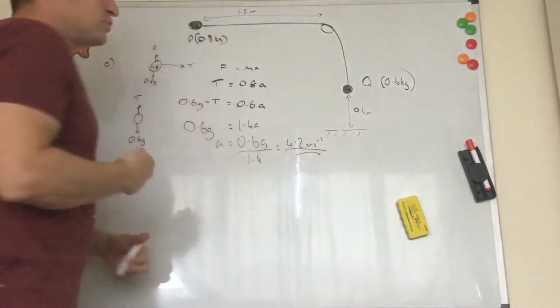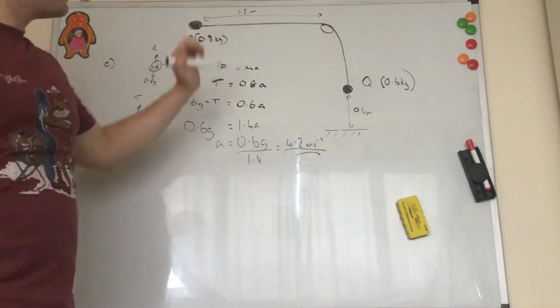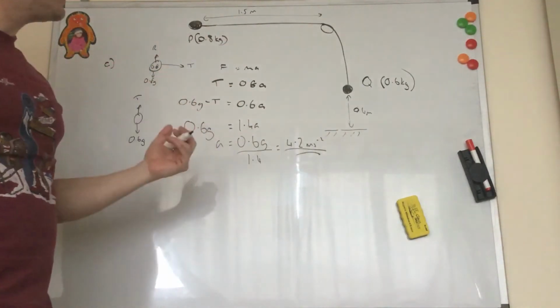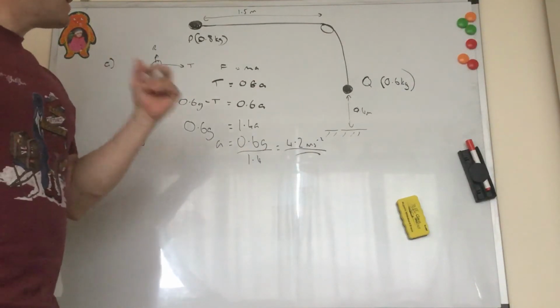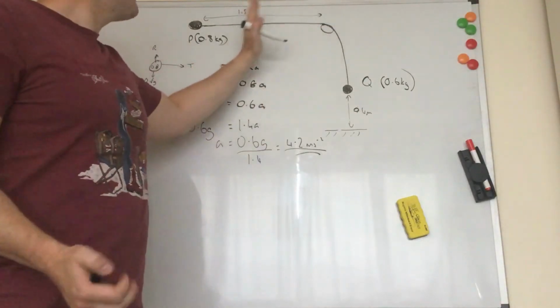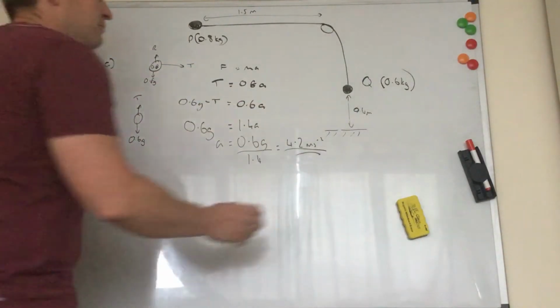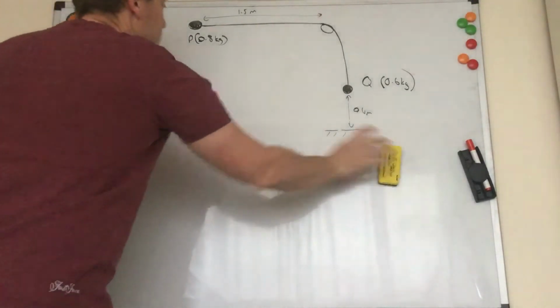So we've got two parts: a SUVAT part, where we work out how fast it's going after 0.4 meters and how long that takes, and a speed equals distance over time part with constant speed for the other 1.1 meters.